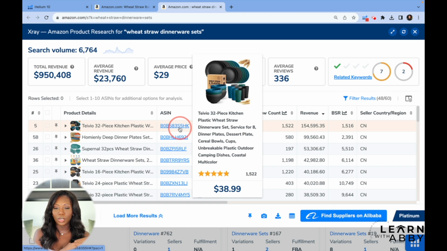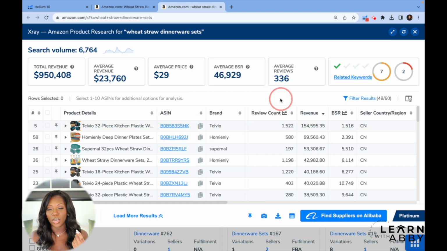Maybe I would include some type of way to organize them. So maybe like a bigger bottom plate or almost like a tray to hold all of the items. This is me just spitballing off the top of my head of ways that I might think to differentiate this product. So that is what I'm looking at here.